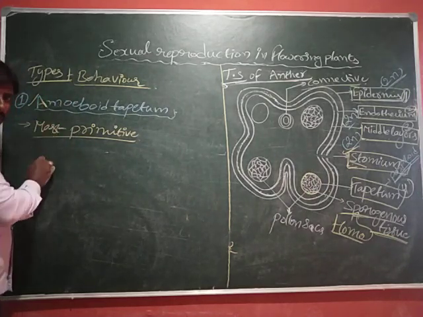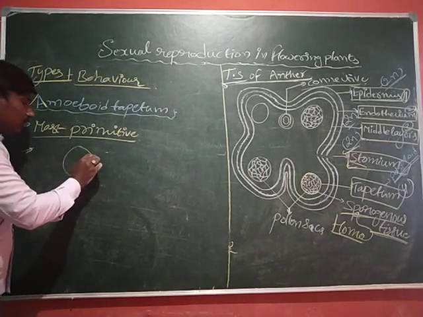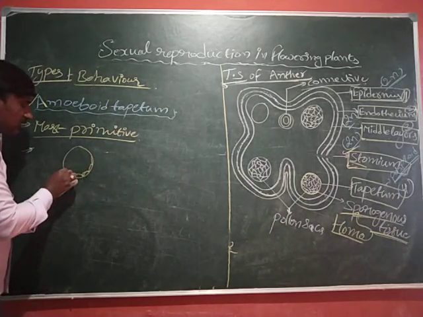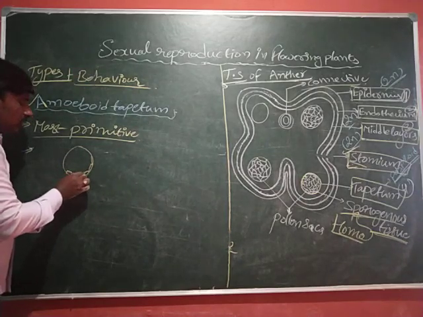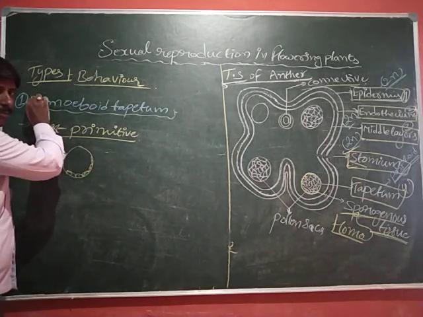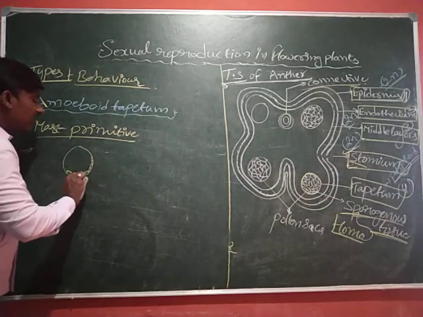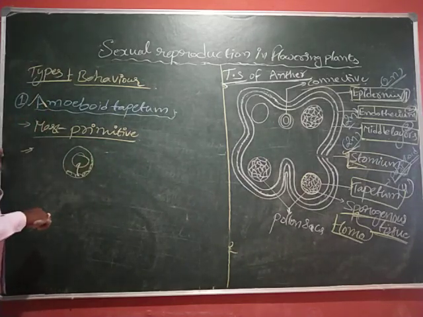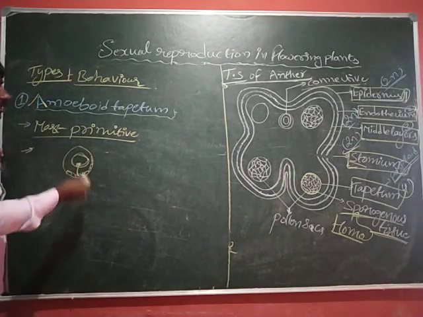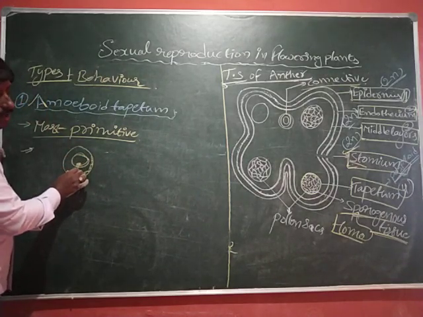For example, this is the tapetal layer, and this tapetal layer consists of tapetal cells. In amoeboid tapetum, these tapetal cells undergo splitting or breakdown and release their contents into the pollen sac. These contents are captured by developing pollen grains. Like this, amoeboid tapetum provides nourishment for the pollen grains during pollen development.